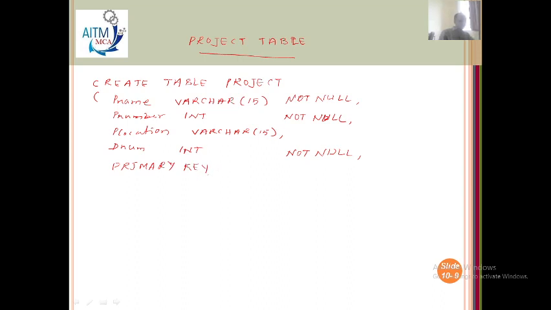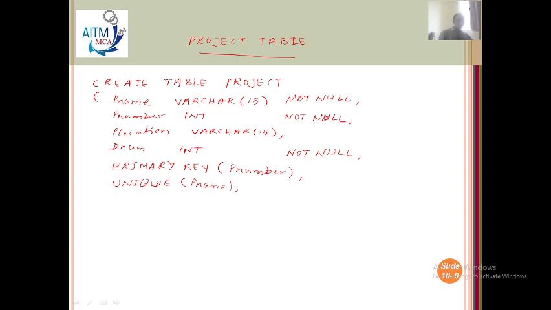P number is the primary key. Then unique: project name, P name is unique, because every project name will be different.